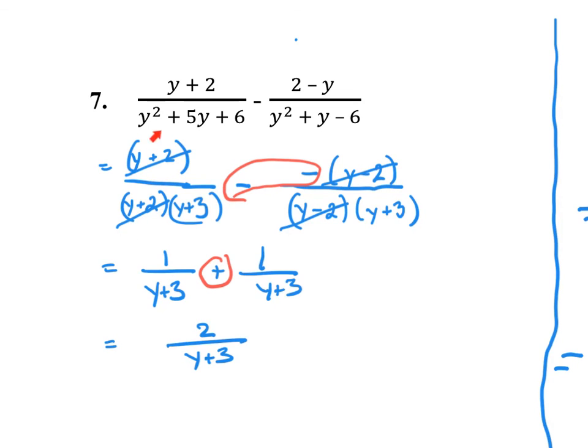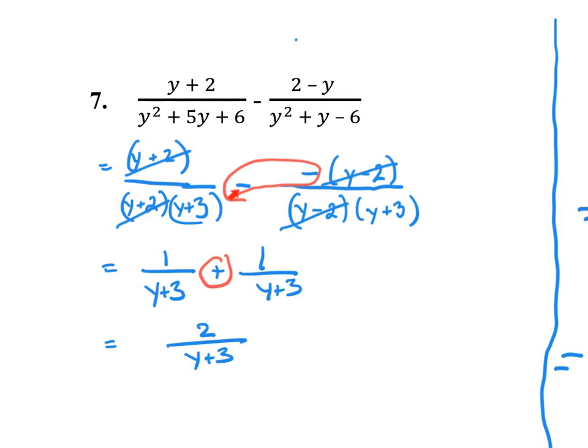Up here, once I factored, I saw y plus 2 was common, so I canceled them out. And in this one, when I factored the bottom, I saw y minus 2 as one of the factors, and it's not quite the same in the top, so I factored out a minus 1 to make those two look the same so I could cancel them. You didn't even have to match the denominators here. They were already the same, right?